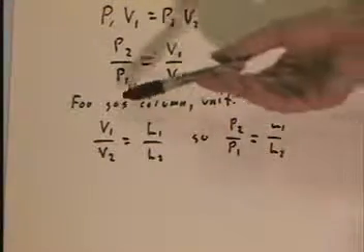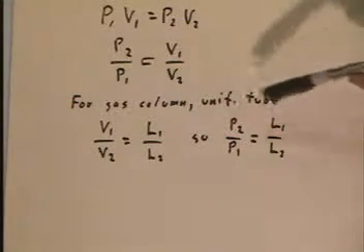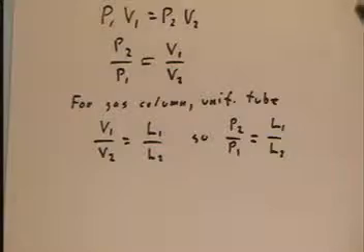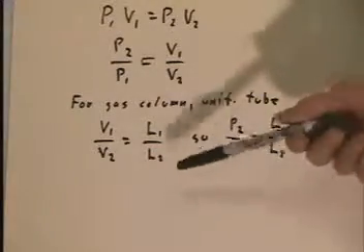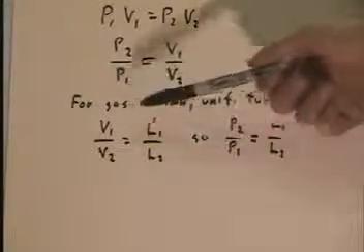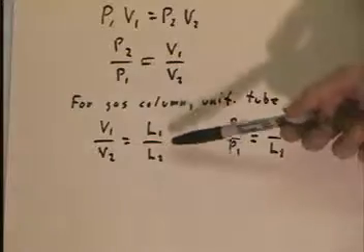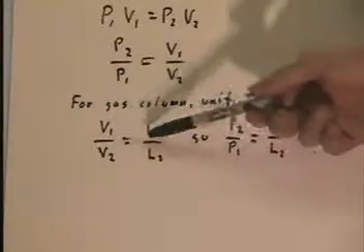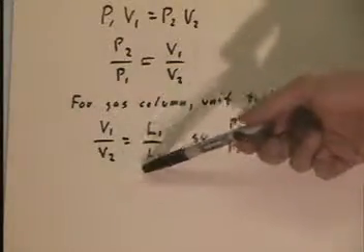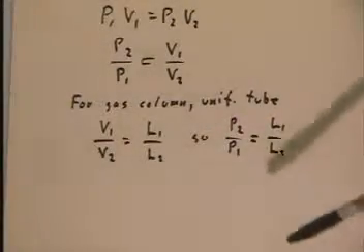Now, for the gas in the column, we had a uniform tube, a uniform column of gas, a uniform cross-section to that column. The ratio of volumes is just equal to the ratio of the lengths. Since the volume is equal to the cross-sectional area times the length, and the cross-sectional areas are the same, volume 1 is area times length 1, volume 2 is area times length 2, and the ratio is just length 1 over length 2.